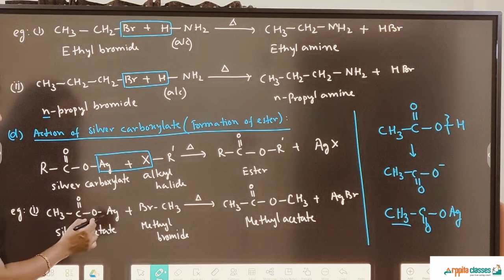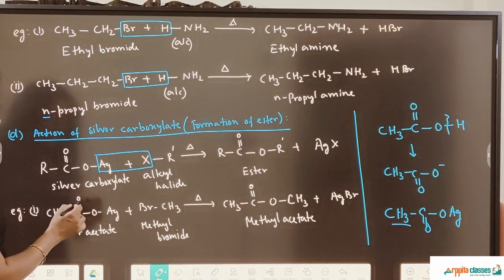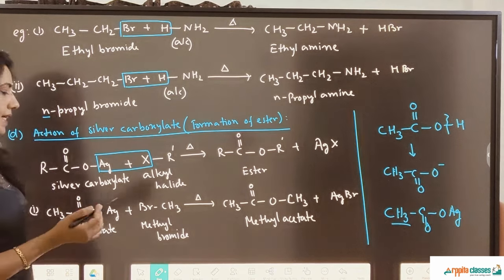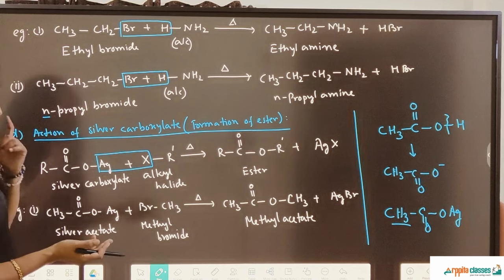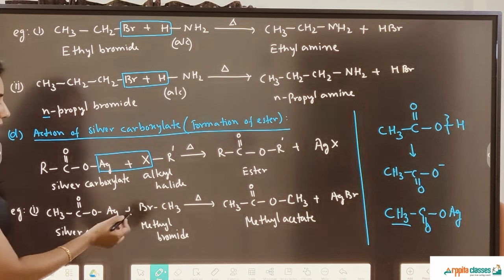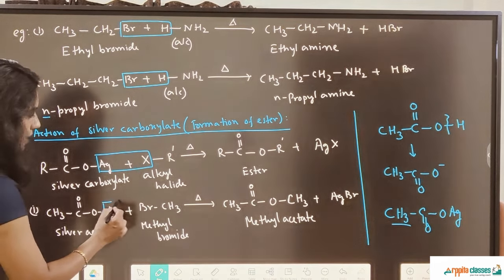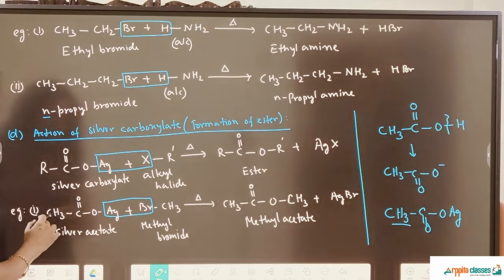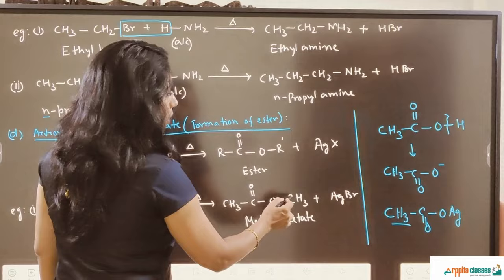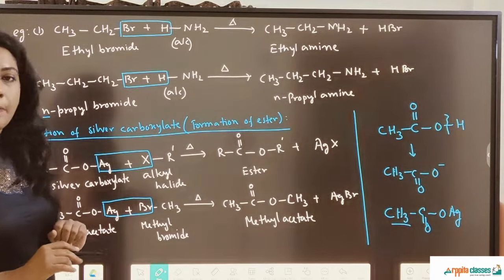CH3COOAg. Now what is the name of this? Silver acetate, because with 2 carbon atoms, the carboxylate ion is called acetate ion commonly. And if you want to write down the IUPAC name, then it will be silver ethanoate. Okay. And methyl bromide. So AgBr, you remove AgBr from here, we get CH3COOCH3. Now how will this ester be named?